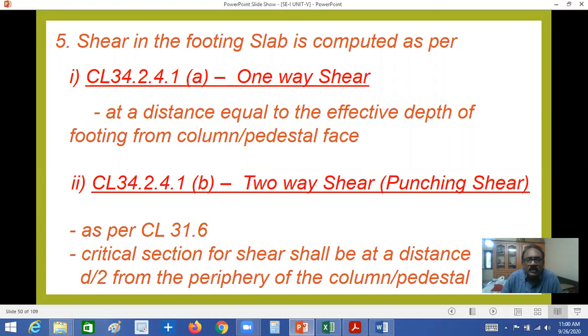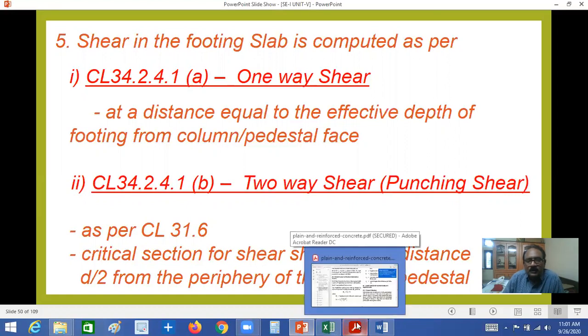Always, one-way shear is at a distance equal to the effective depth of the footing from the column or pedestal face. Clause 34.2.4.1(b), two-way shear, punching shear, as per Clause 31.6, the critical section shall be at a distance of d by 2.